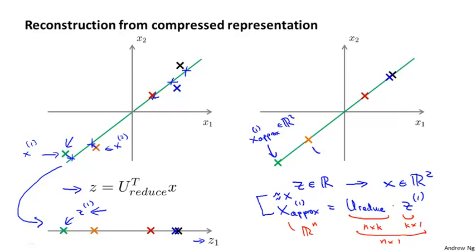And similarly, if you do the same procedure, this would be x2 approx, and you know, that's a pretty decent approximation to the original data. So that's how you go back from your low-dimensional representation Z back to an uncompressed representation of the data. We get back an approximation to your original data X. And we also call this process reconstruction of the original data, where we think of trying to reconstruct the original value of X from the compressed representation.